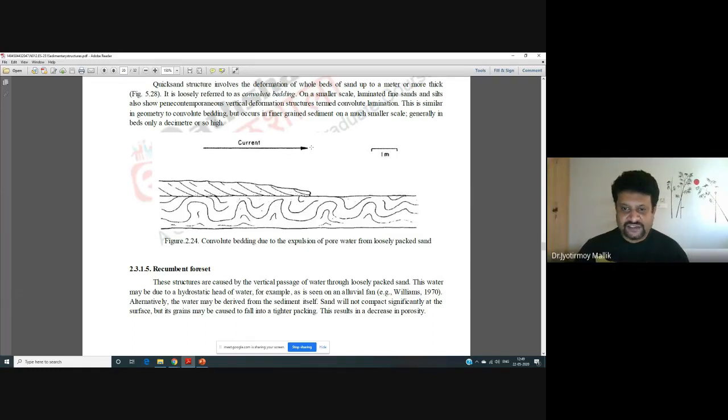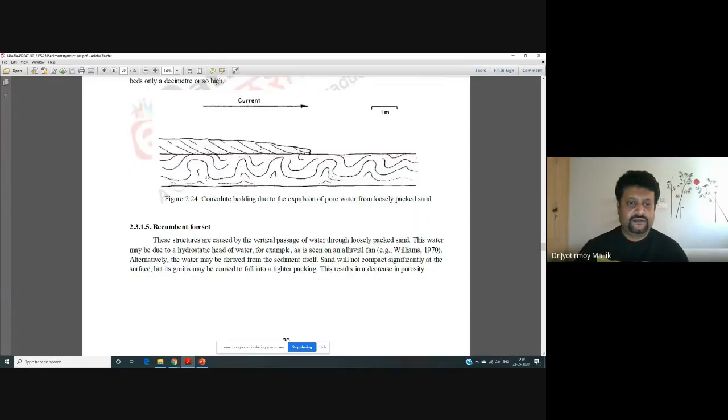It's not shear in these particular cases, like in the ductile shear zone. You remember that from the vergence of the associated asymmetric folding, we could actually determine the sense of shear. But here you can, by looking at the vergence of these convolute bedding, actually determine the direction of current.